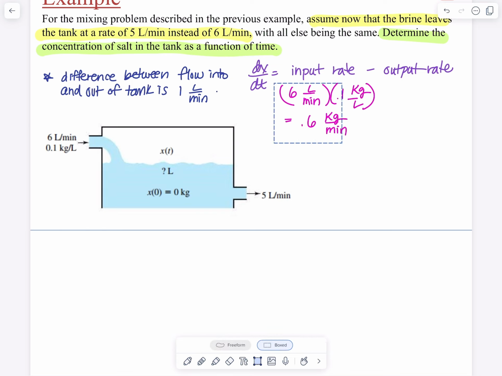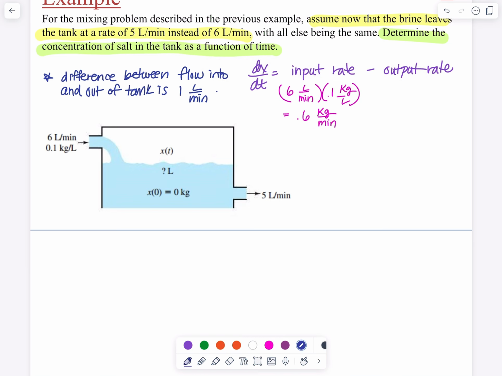So that gives our output rate as 5 liters per minute multiplied by x(t) divided by 1,000 plus t, and that's going to be kilograms per liter.